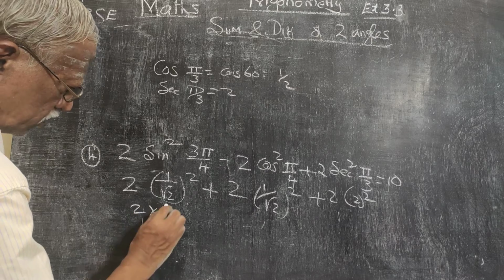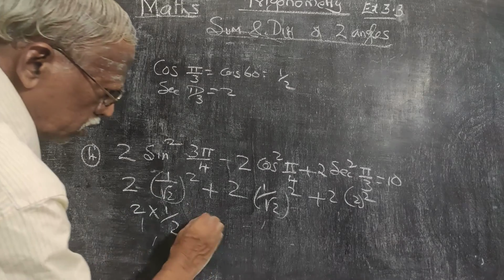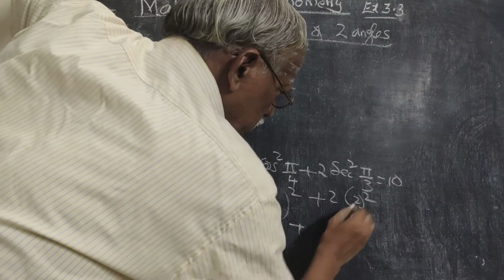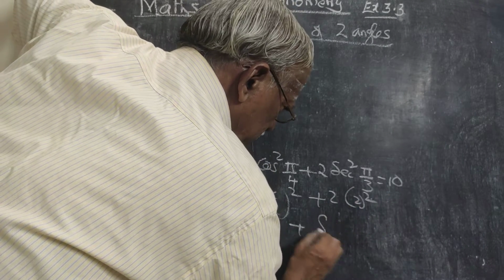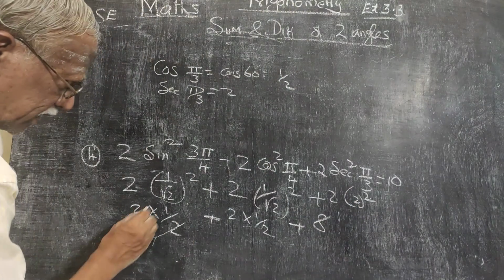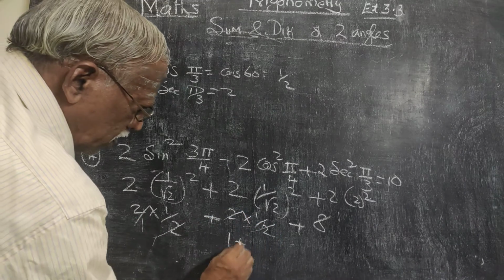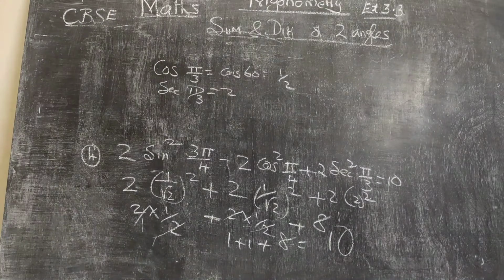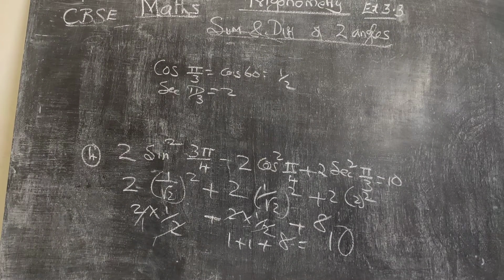This is 2 times of 1 by 2, root 2 into root 2. This is also 2 times of 1 by 2. This is 2 into 2, 4 into 2, 8. So this gets cancelled, this gets cancelled. So 1 plus 8, that is 10. So the fourth sum is over.